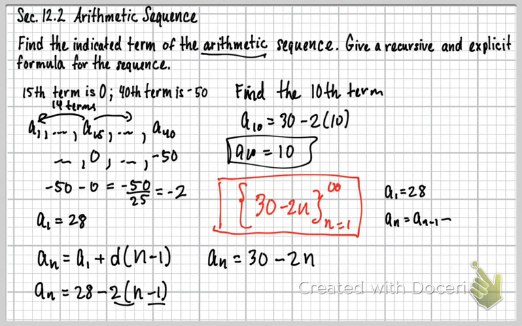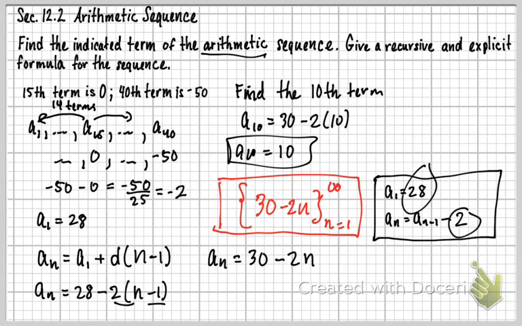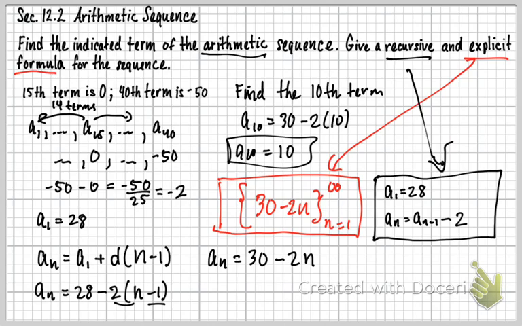I would say D was -2. So this here would be the recursive formula of any arithmetic sequence. So again, that D would change here, and my A1 would change, but the rest of the formula would stay consistent. So my explicit formula then, which is here, that's going to be this one here, and my recursive would be here. All right, there it is.